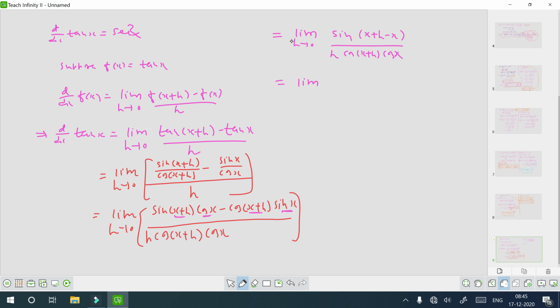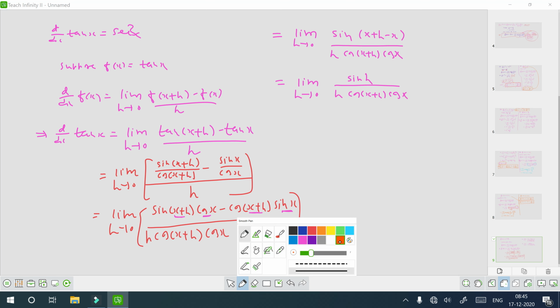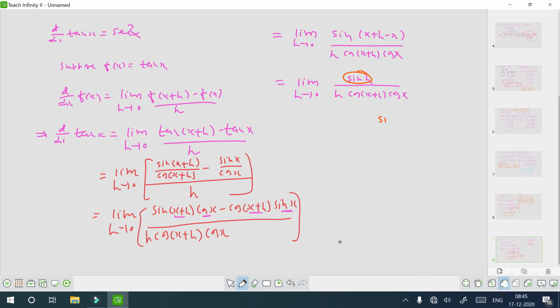That is equal to limit h tends to 0, sin h over h into cos of x plus h into cos x. Now see, here sin h over h is there, and h tends to 0. Give the limit to the remaining term: limit h tends to 0, 1 over cos of x plus h into cos x.